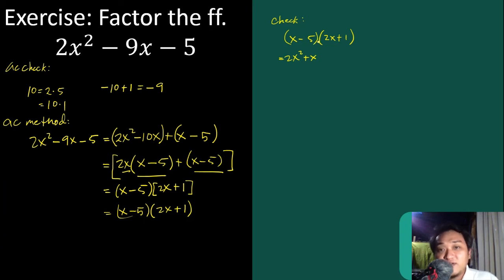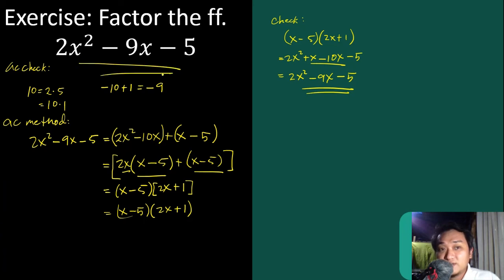Negative 5 times 2x is negative 10x. And negative 5 times 1 is negative 5. Evaluate the similar terms in the middle, that is 2x squared minus 9x minus 5. Okay, so we are correct.